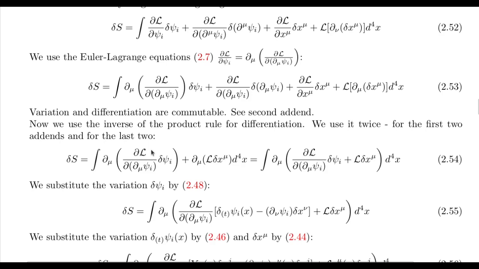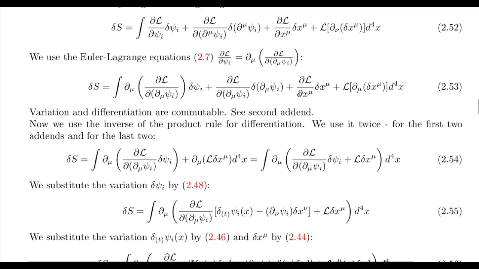If we apply the product rule of differentiation, then we would have the differentiation of this multiplied by delta psi, that is this one, or as the second part we have this dL d multiplied with the differentiation of the delta psi. And we use the inverse of the product rule for the other two addends here.